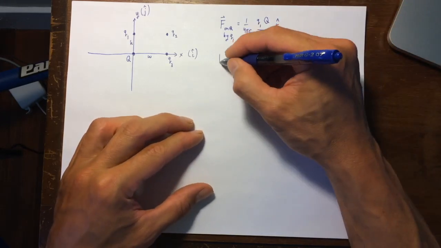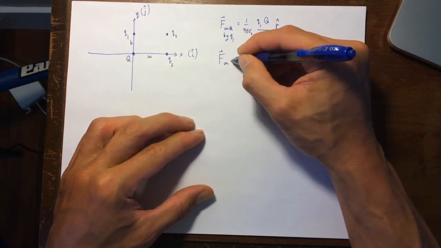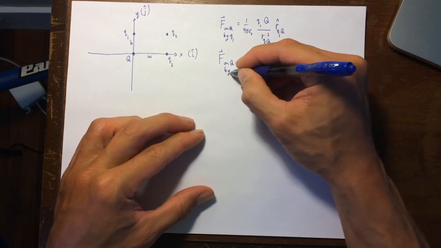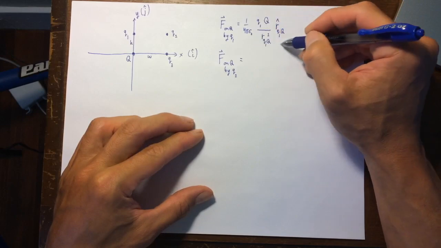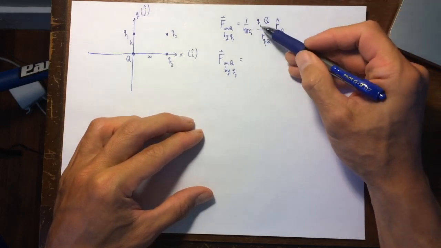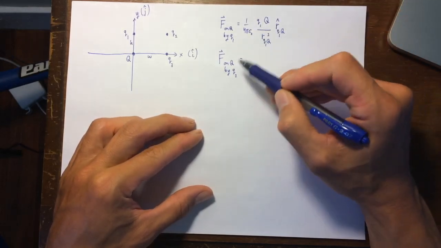Then the force on capital Q by, for example, Q2, it looks exactly the same as what's up here, except for every time I see the index 1, I just put in a 2.